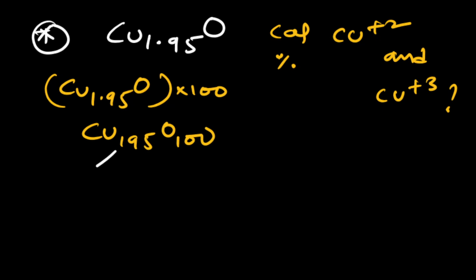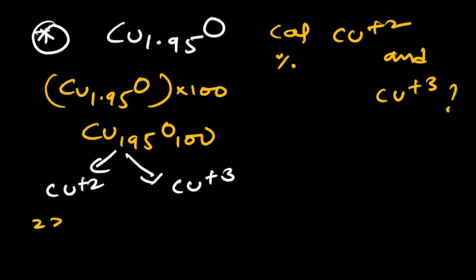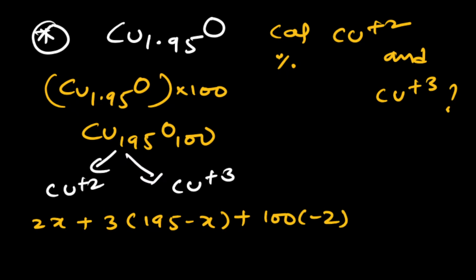Now this Cu exists in nature as Cu +2 and the other as Cu +3. Right? Now here, if you take it as x, this is 2x plus 3 into 195 minus x plus 100 into minus 2 is equal to 0.